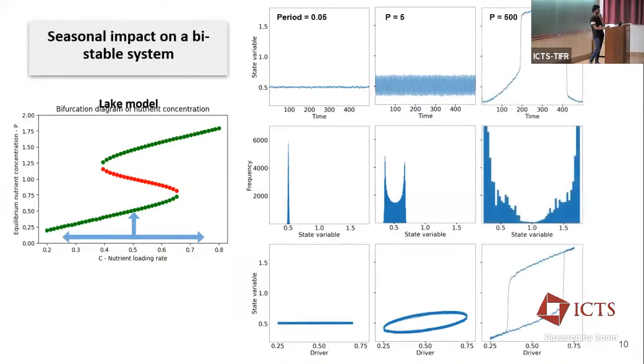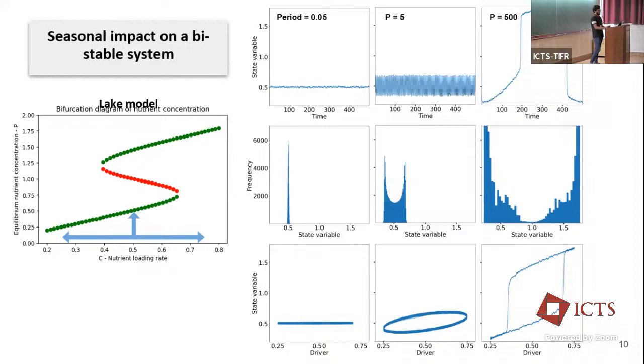And a further increase in the period of seasonality makes the system undergo transitions, as you can see in this plot. You can see that the system undergoes transitions due to changes in the driver caused by seasonal forcing.